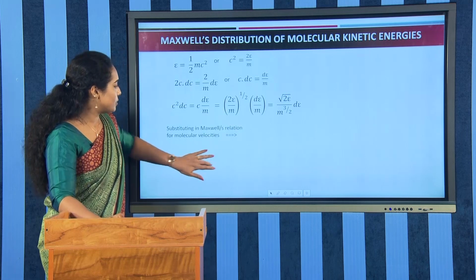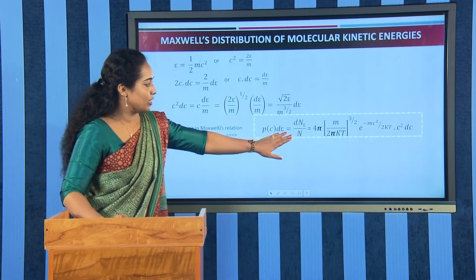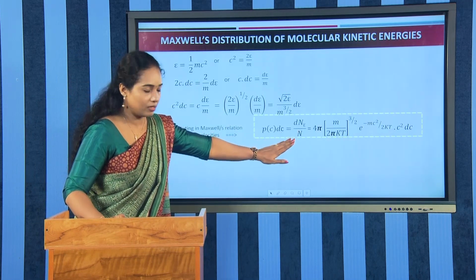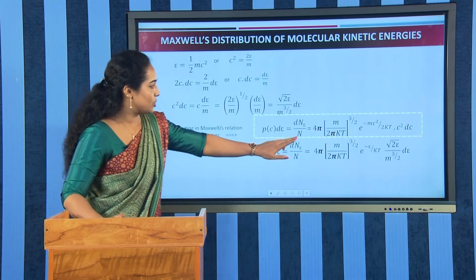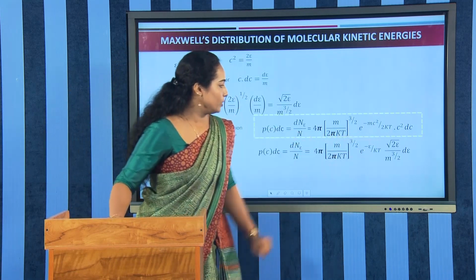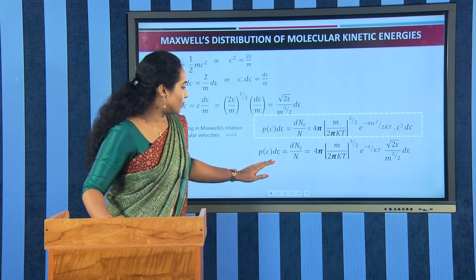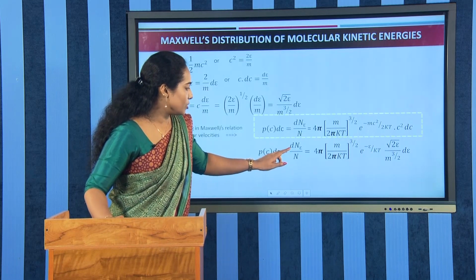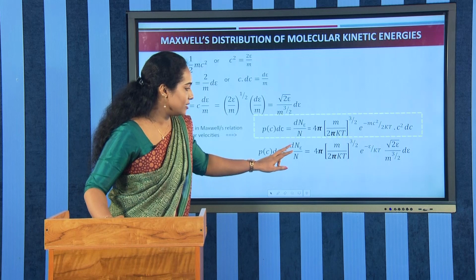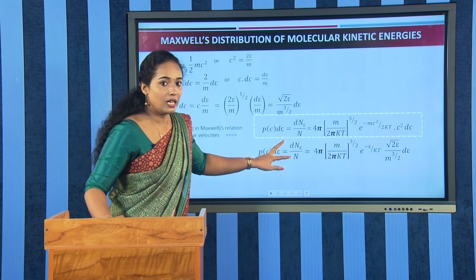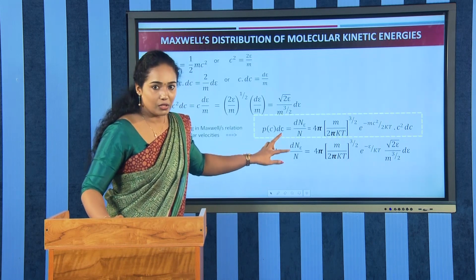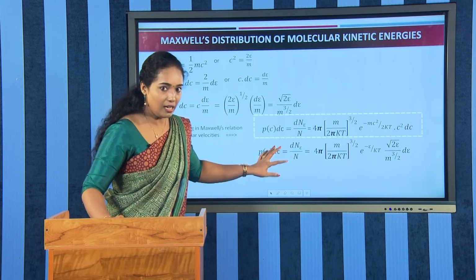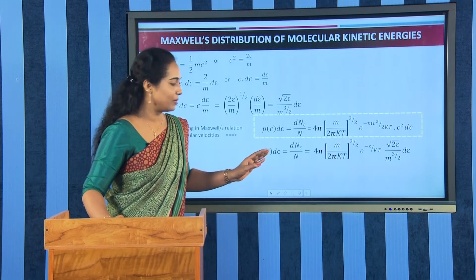So, we substitute in our Maxwell relation, of the form shown here, instead of c square dc, and what we get is P of c dc, in terms of fraction, dNE by N. That is the fraction of molecules having kinetic energy between E and E plus dE.